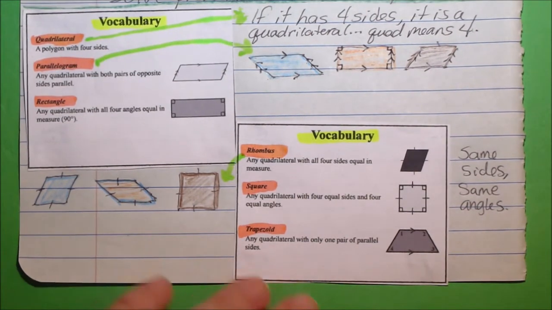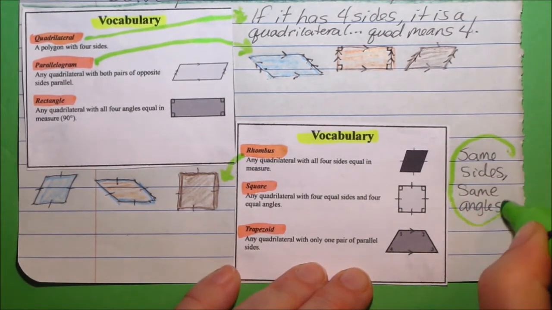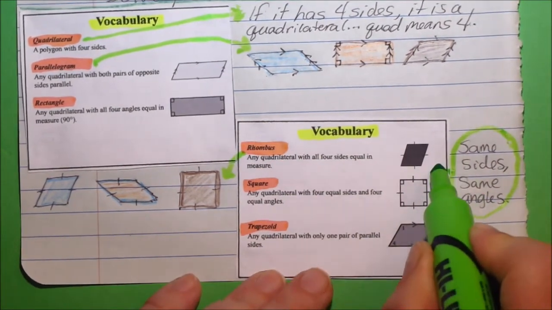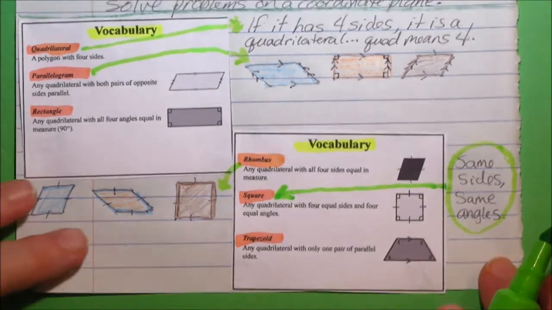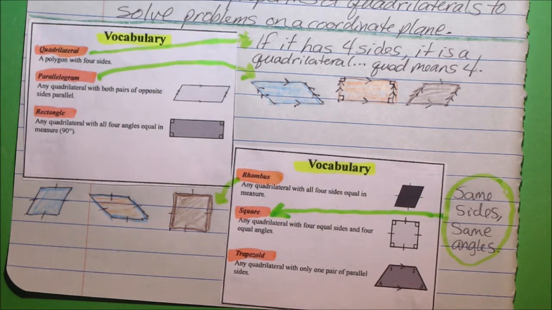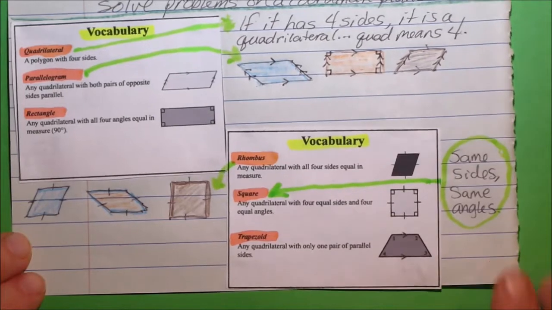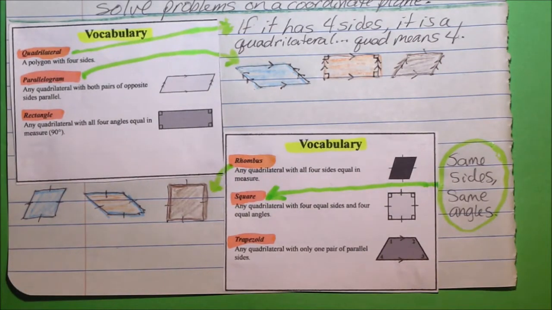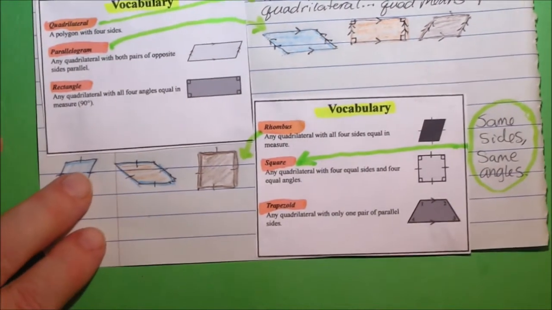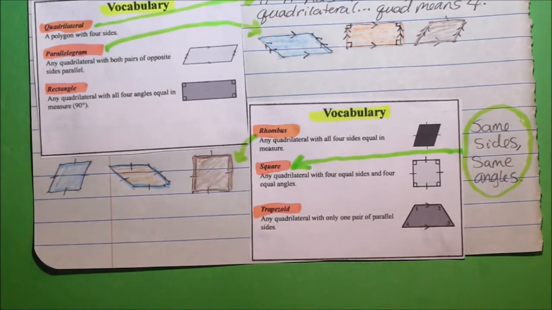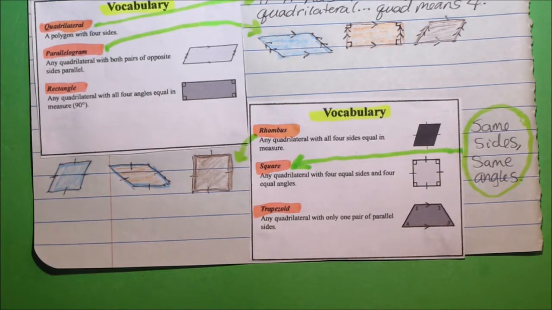So by definition, a square can be a rectangle because a rectangle simply has to have all four corners 90 degrees, and a square has that. But a rectangle cannot be a square because a rectangle does not have to have all equal sides as well. I know it gets a little complicated, but we'll be thinking through those kinds of things as we work on our lesson.